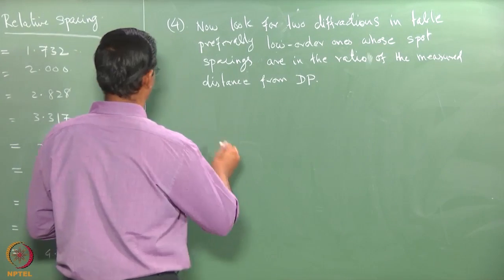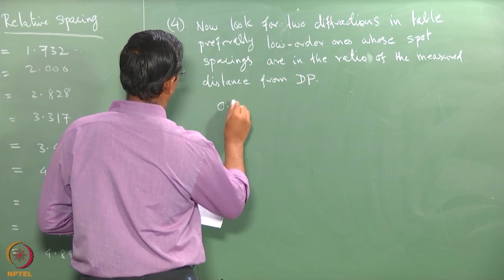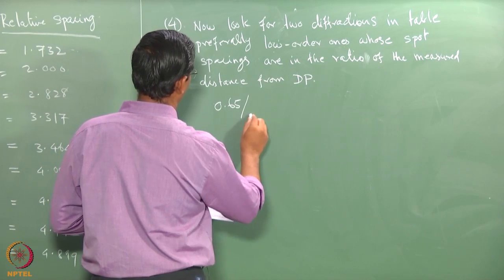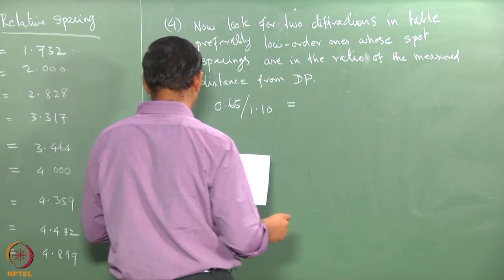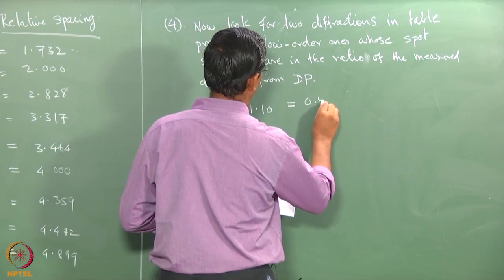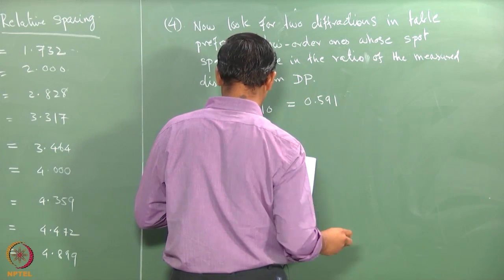So, what is the ratio? 0.65 divided by 1.10, which is equal to 0.591.